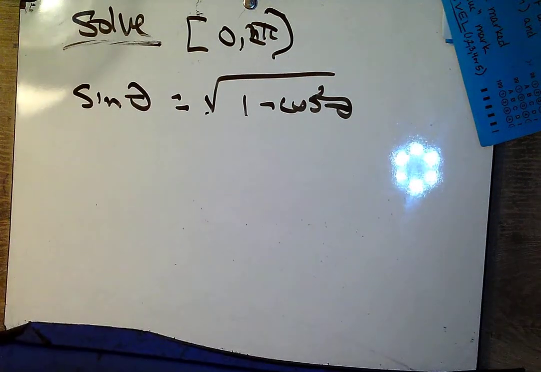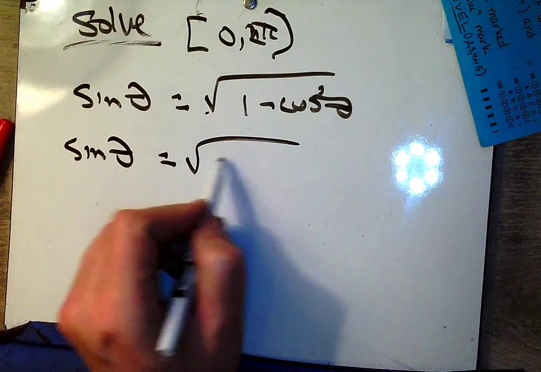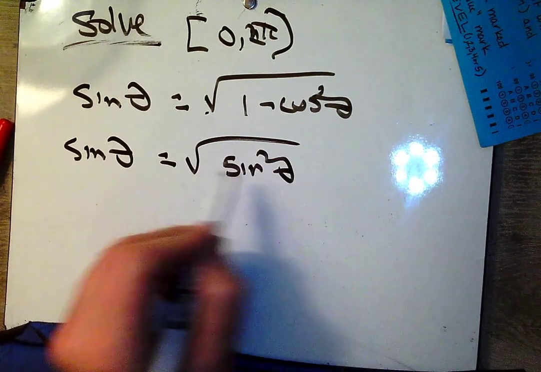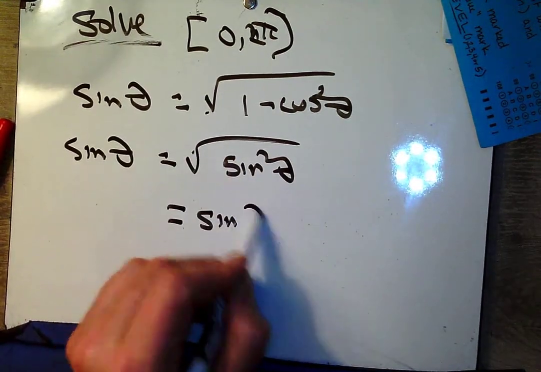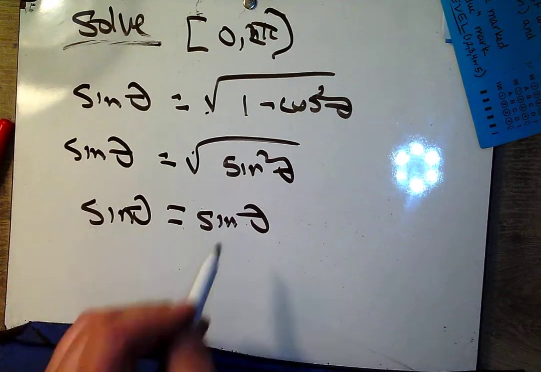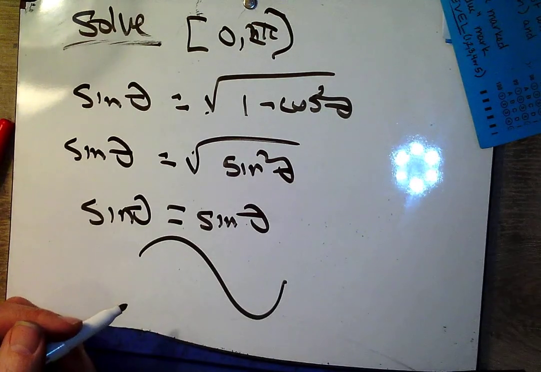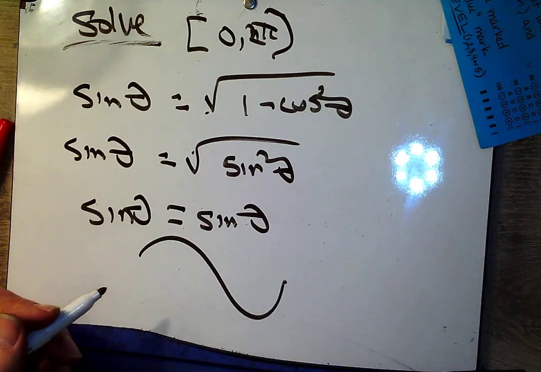So here's the thing. If you're this person who's saying, oh, this is going to be sine squared, and the square root of sine squared is sine, then you expect y1 to graph sine and y2 to graph sine, and you expect them to sit on top of each other. But guess what? They didn't.